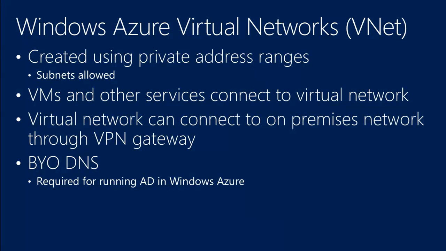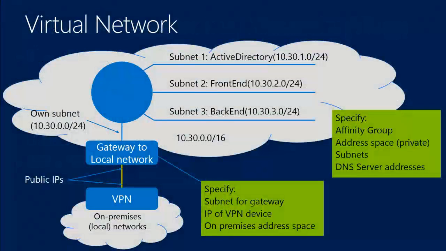The other thing we can do is we can take VNet and we can connect it through a gateway down to our corporate network. So when it comes to setting it up, when we're doing VNet, number one, we specify the affinity group, we specify the address space, we specify subnets, and DNS server addresses. Now, when we put a virtual machine onto subnet 1, for instance, it will be allocated an IP address.